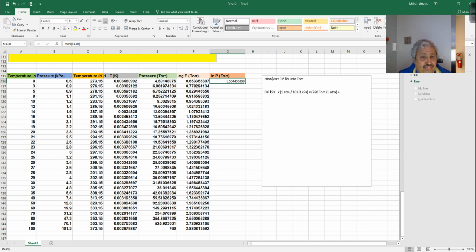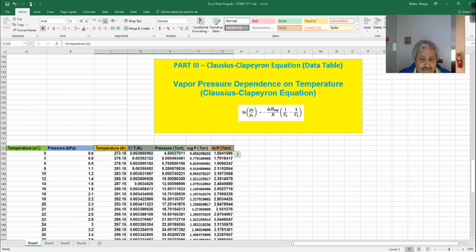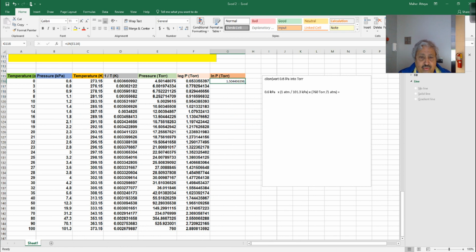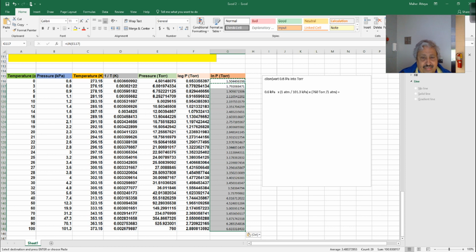Let's enter it and see what will happen. We get 1.504. Let's check if we have it correct. Yes. So finally we get all those done. We'll copy this one here and go all the way down, guys, and paste the whole thing, and then save it.